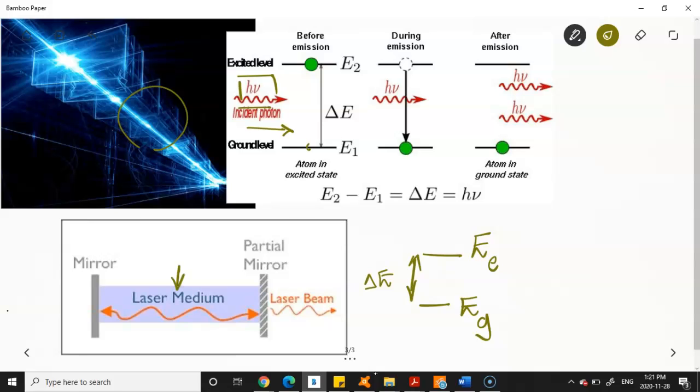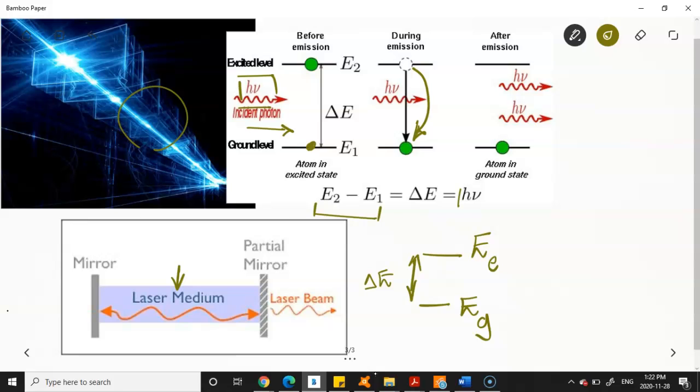Then the atom from the ground state goes to the excited state, and because here it's unstable, it transits back to its previous state. But how does this happen? These transitions from the excited state to the ground state come with the emission of a photon. The emission of the photon is quantized. It's going to be the discrete difference of the energy states of these two levels of the energy in the laser medium.